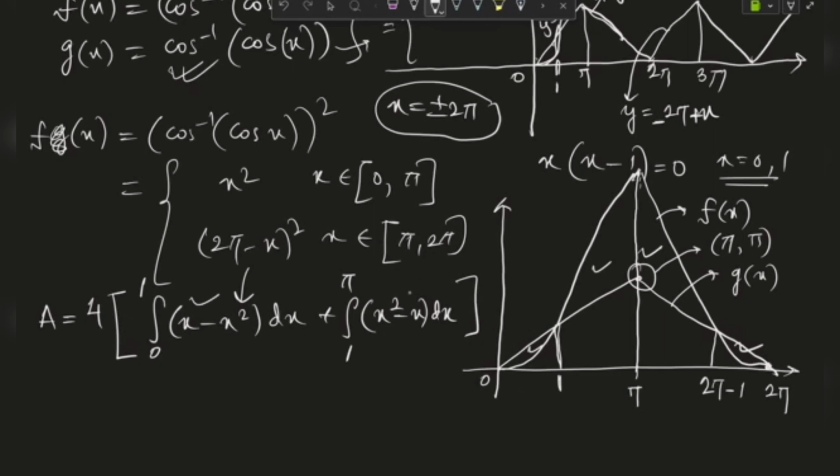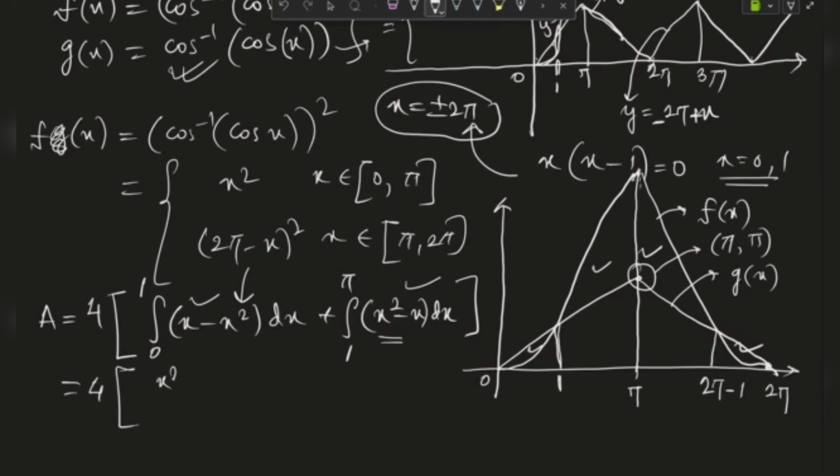For this particular part, we will have this and this from here symmetric, and similarly there will be these two parts again, so 4 for this particular integral, and again there are two parts. That is why I have taken 4, to cover x equal to plus minus 2 pi. Okay, I'm sorry.